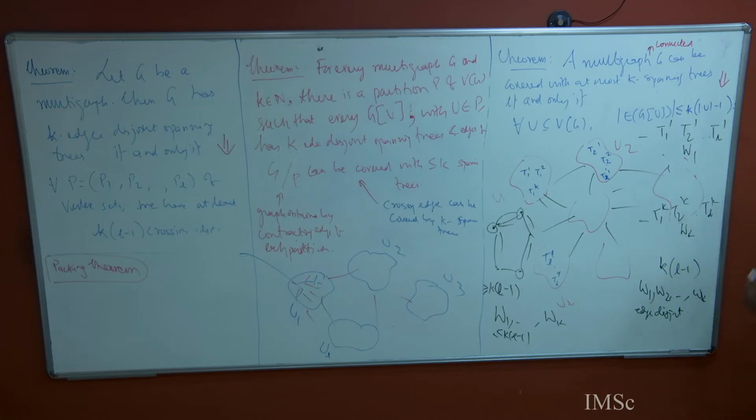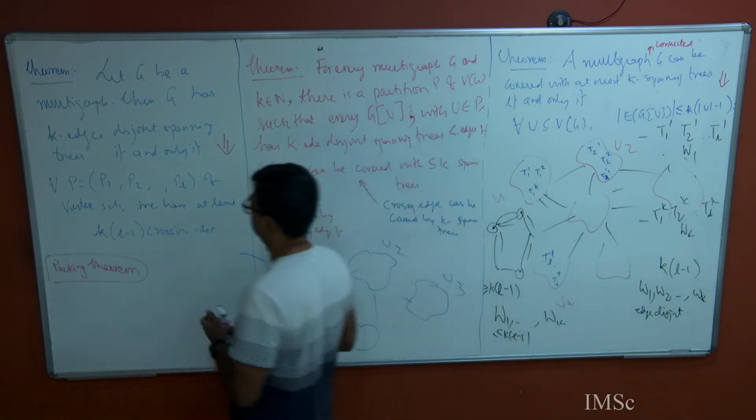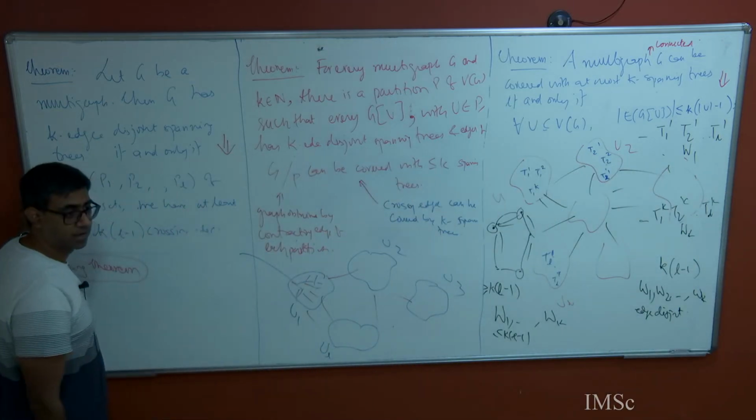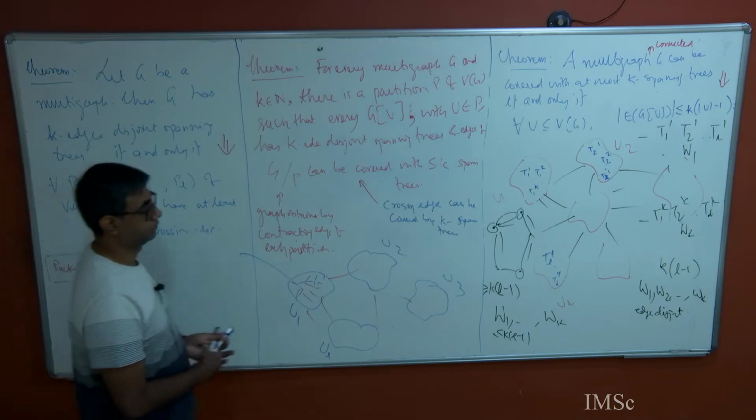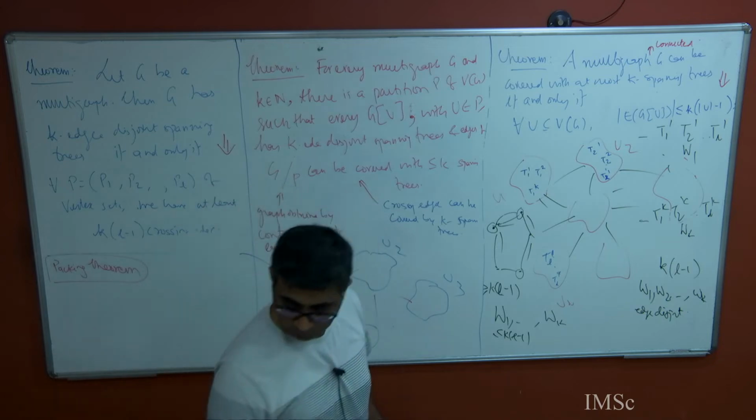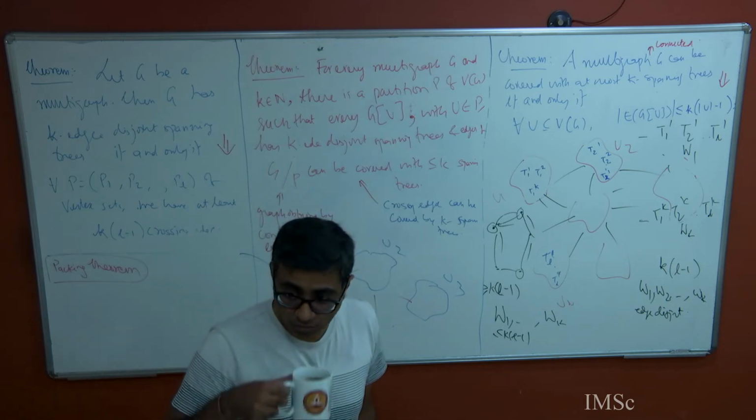So this is the way you can construct k edge disjoint spanning trees, right? Internally they are disjoint, externally also they are disjoint. So this gives us a proof that if you satisfy this requirement, I can construct k edge disjoint spanning trees. Any question?